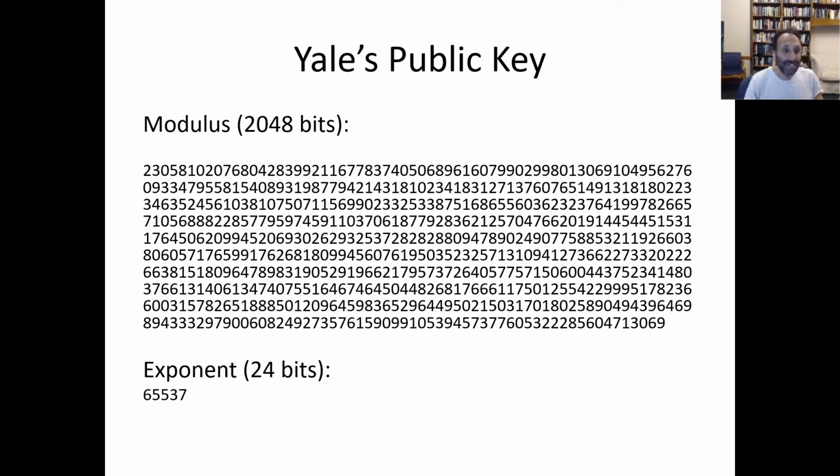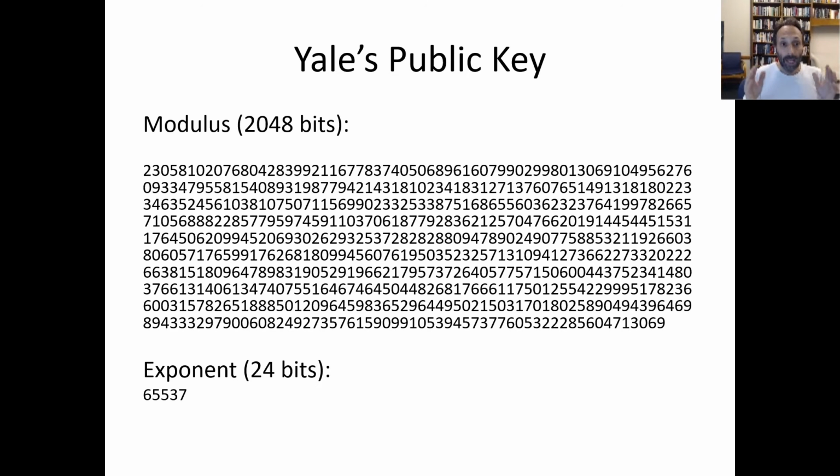This is 65,537. So we're talking astronomical numbers. And so to try to factor messages using these numbers is unbelievably difficult. As computers get more powerful, we keep on having to increase the length of the moduluses and the exponents, but these are just astronomical numbers.